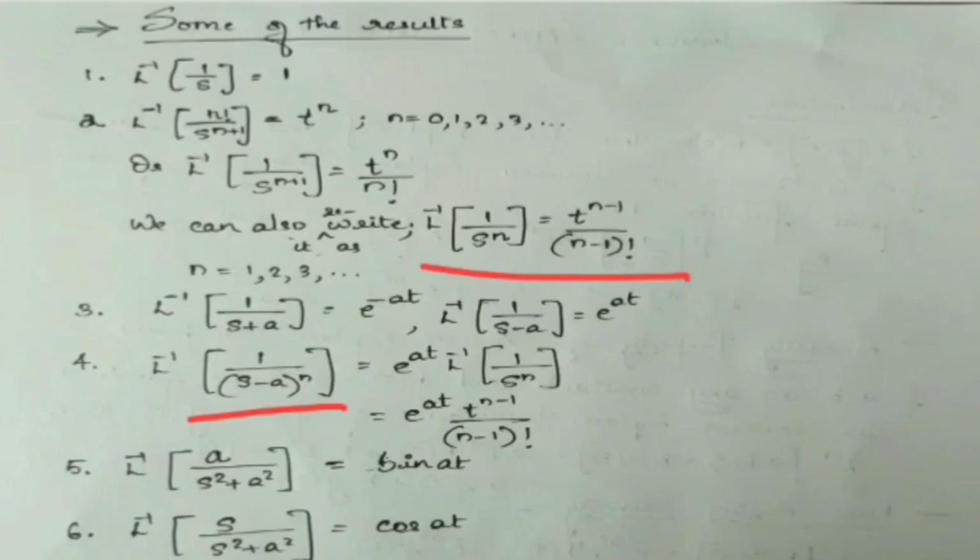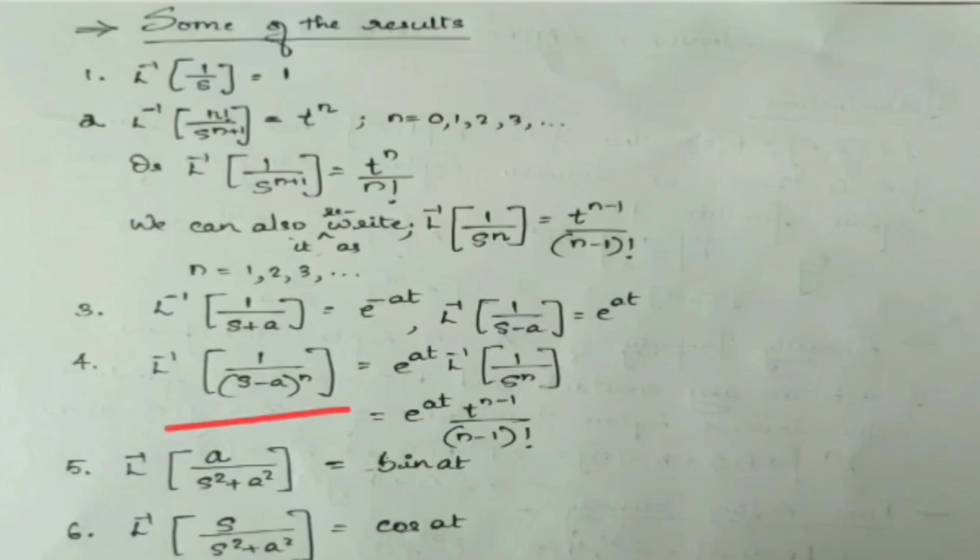Now you see here, instead of s, it is s minus a. This s got converted to s minus a because of this, that is e raised to at. If it was s plus a in the place of s minus a here, we would have written e raised to minus at in the place of e raised to at.